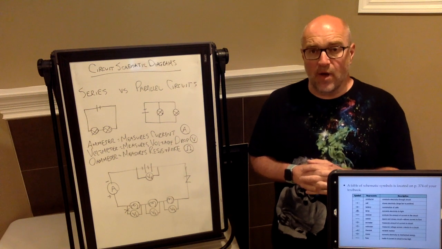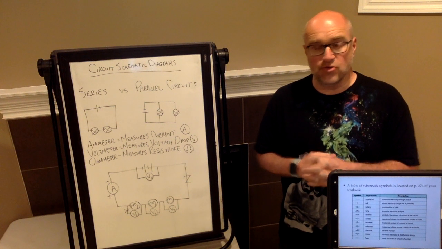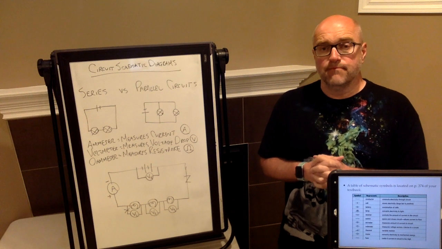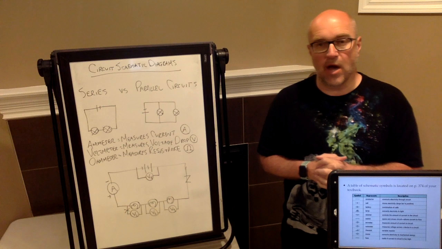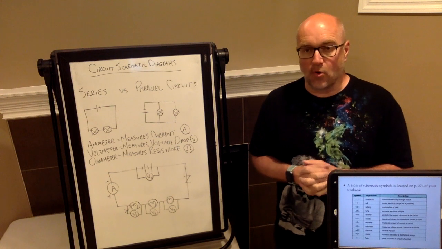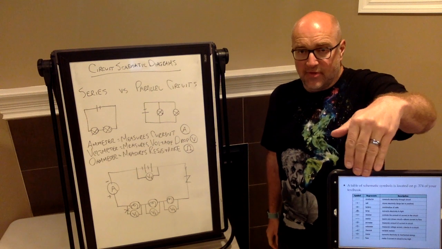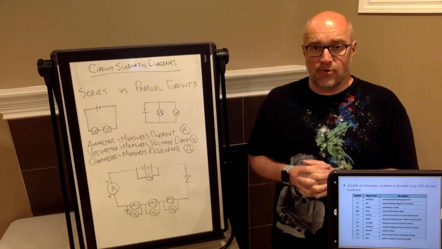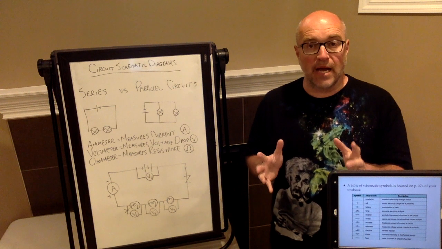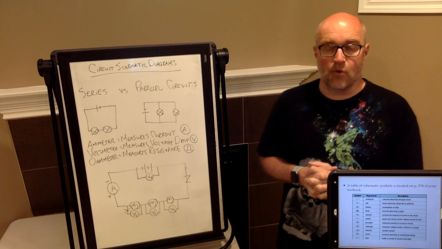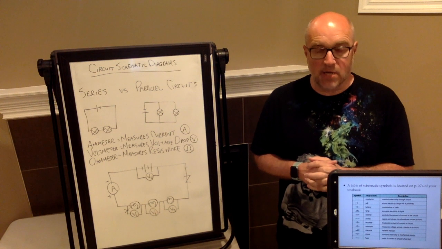These symbols, by the way, are important if you have to draw a circuit, and you might have to draw some simple circuits as part of your questions or possibly on an exam or a quiz in the course. The symbols that are used for a circuit are outlined on page 374 of your textbook.